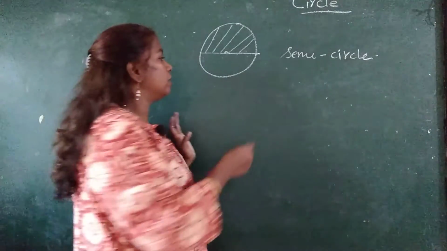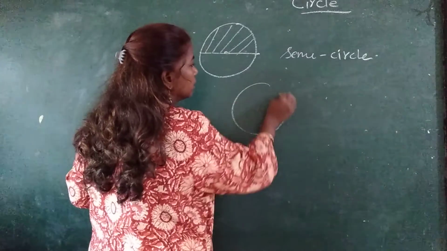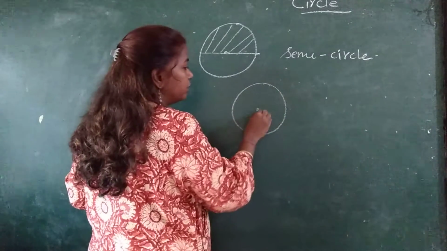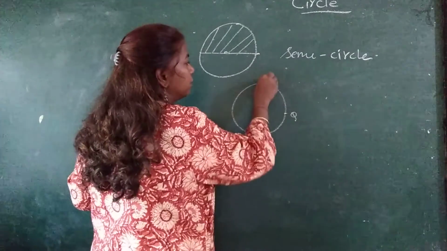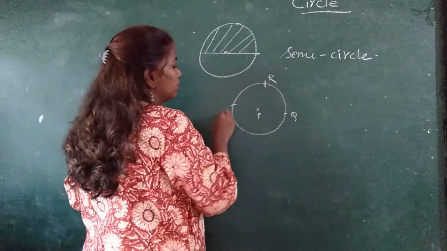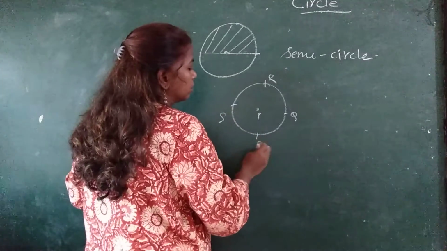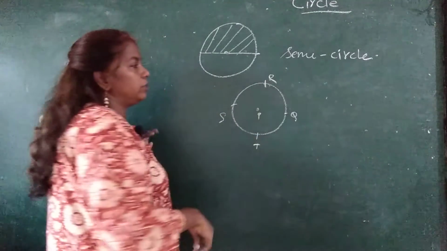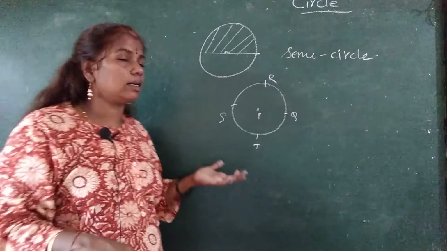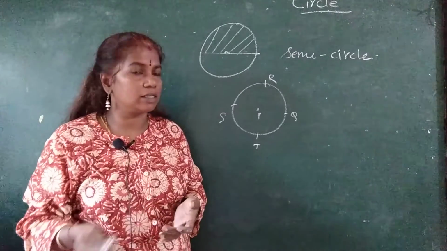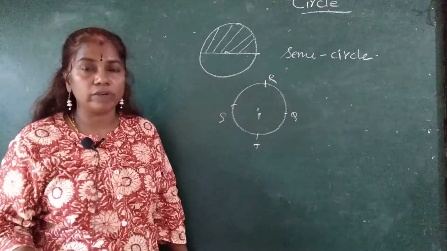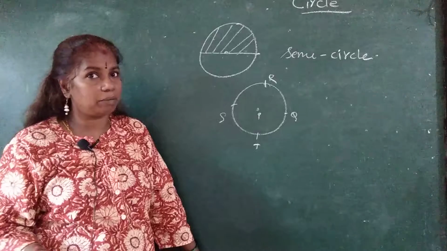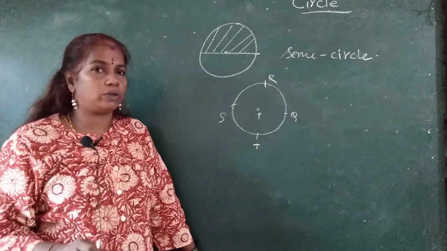Got it? Now suppose this is a circle, point P. Here I have made some points. I told you the circle doesn't have any side. Then how will you recognize the circle and how will you name it? Center you can put, okay.